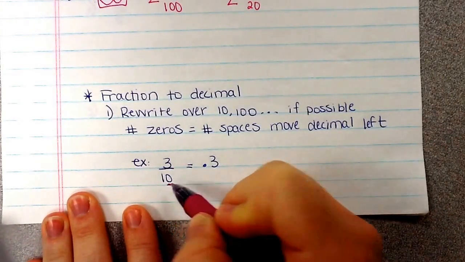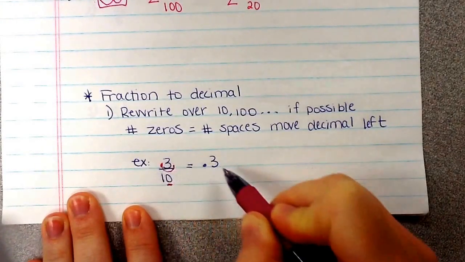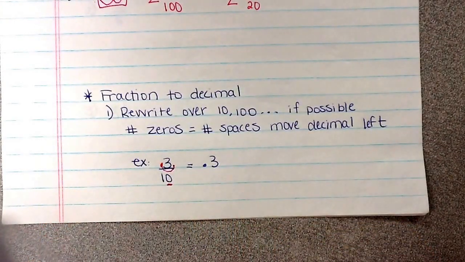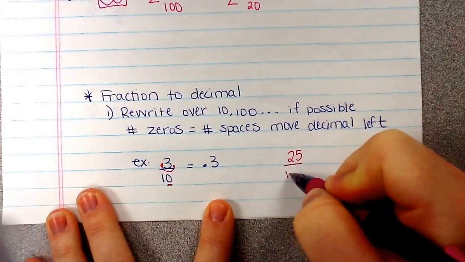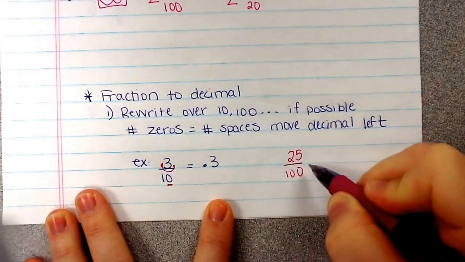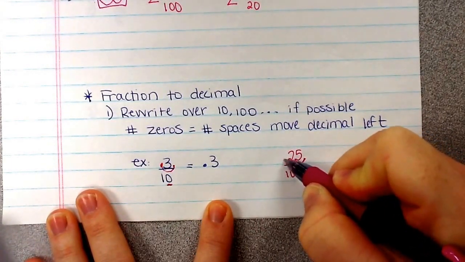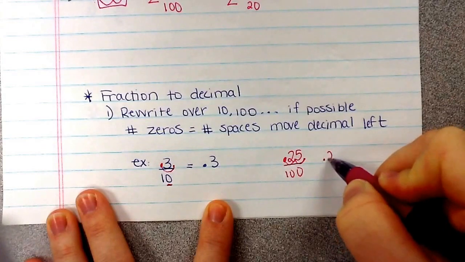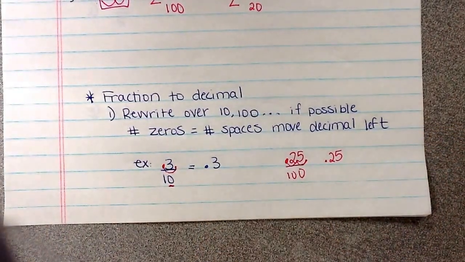There's 1 zero, so I'm going to move the decimal 1 spot and get 0.3. If we had 25 over 100, how many zeros? 2, so I'm going to move the decimal once, twice to get 0.25. That's the shortcut method. It does not always work.